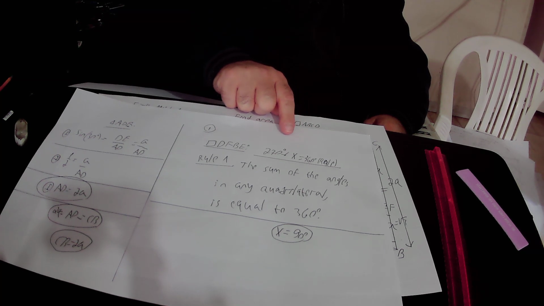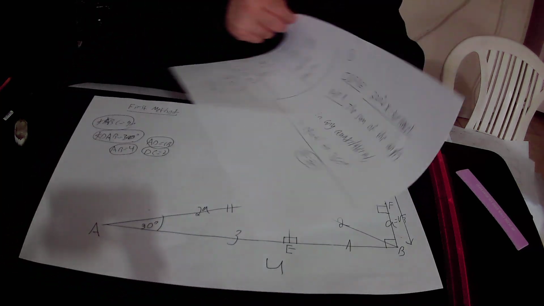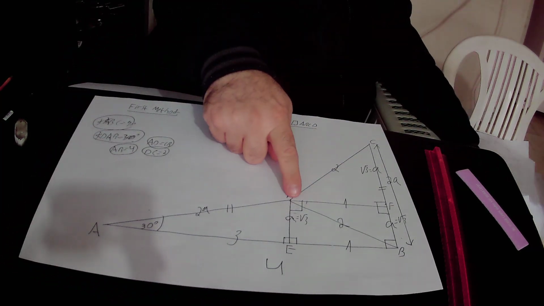We subtract 270 degrees and get that angle X equals 90 degrees.